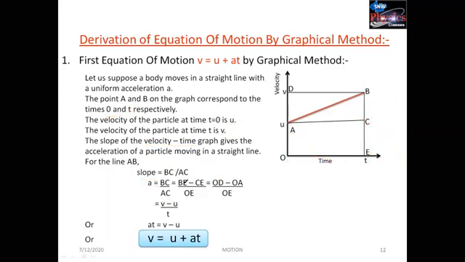Okay, now we see that OD is equal to V and OA is equal to U. ठीक है, यहाँ पे V है और OA जो है वो U के इक्वल है. And also we see that OE is equal to T. So we get A equal to V minus U by T. Now on cross multiplying T by A, we get AT is equal to V minus U.